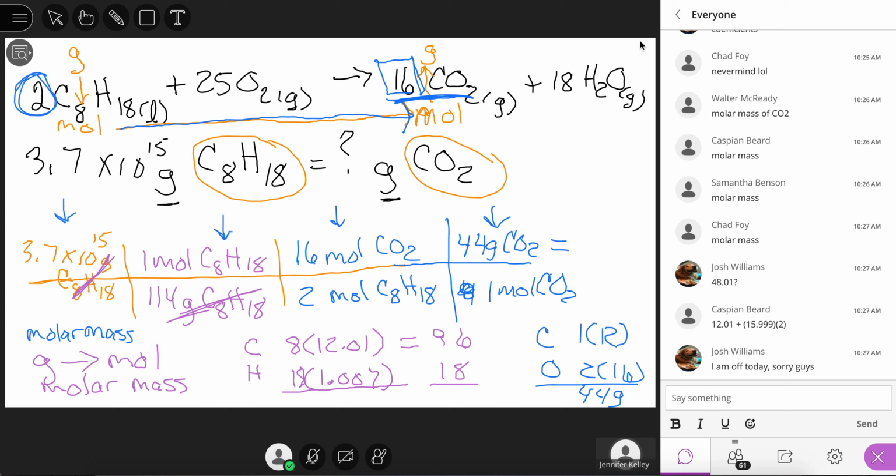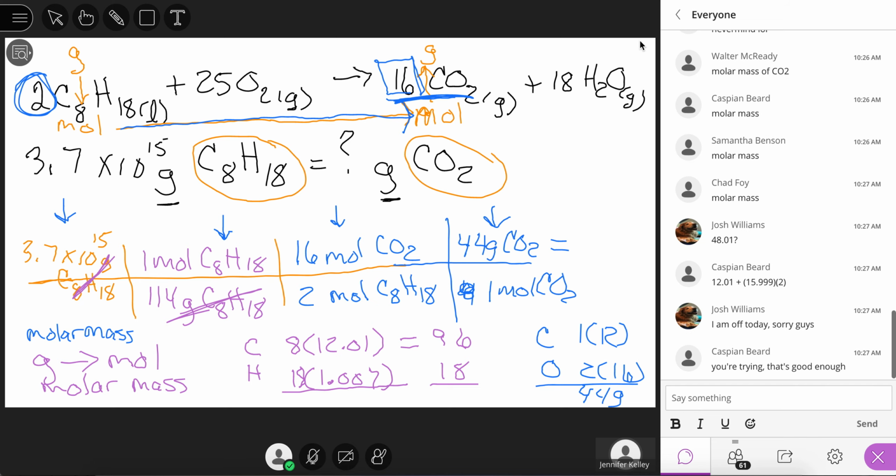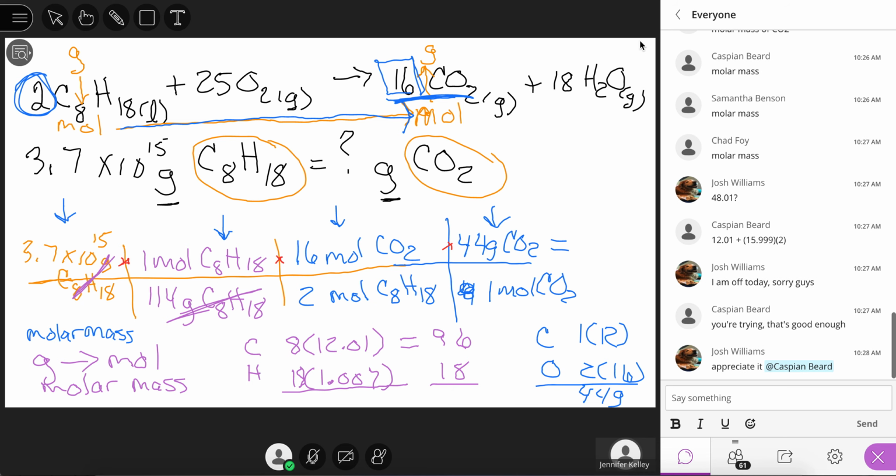All right. So now all we have to do is plug it into our calculator. So the easiest way to do this is to go and multiply everything across the top, making sure that if you have anything like this, you've got parentheses around it.